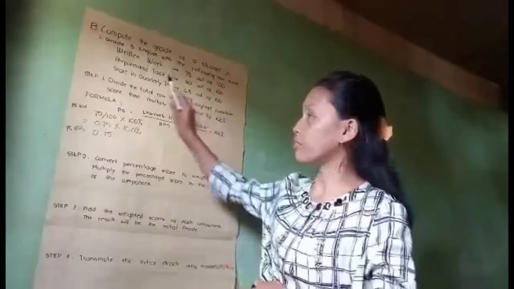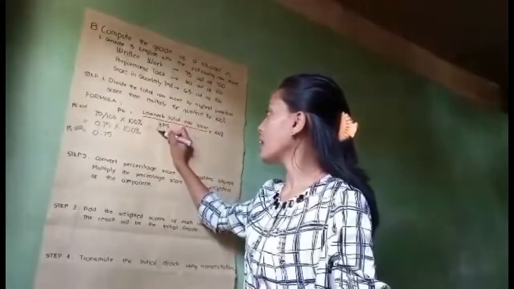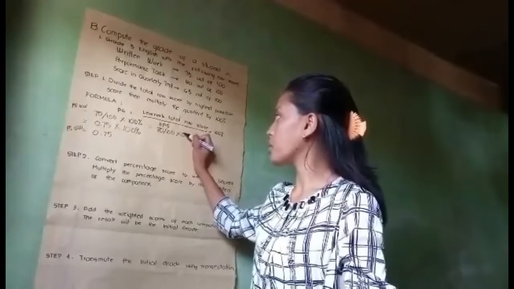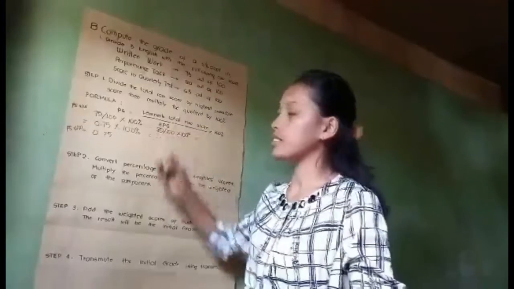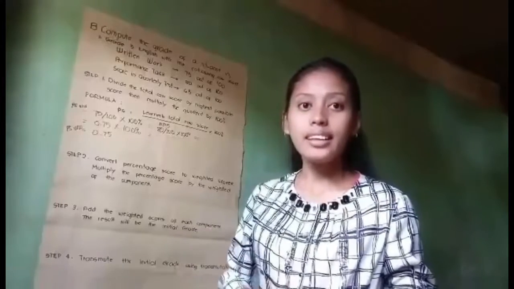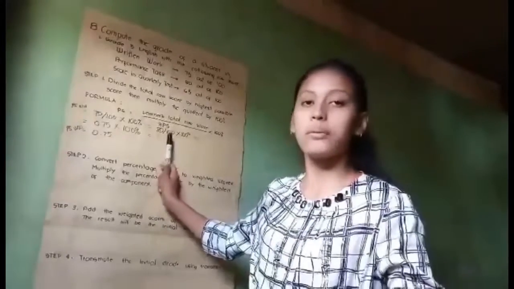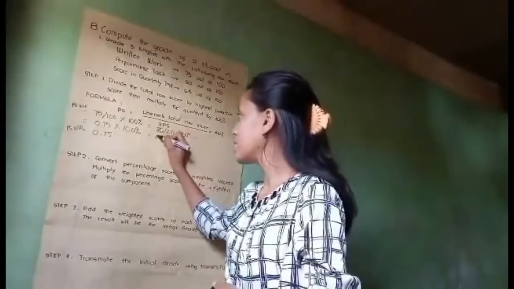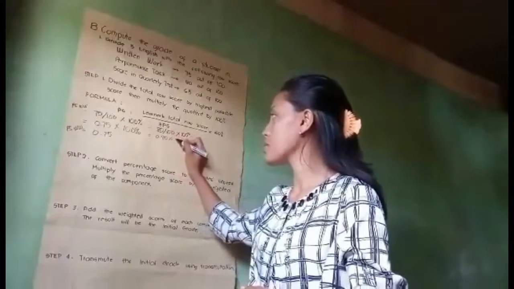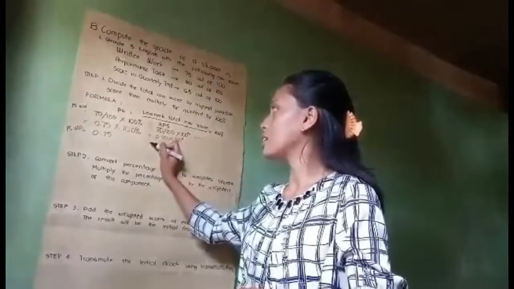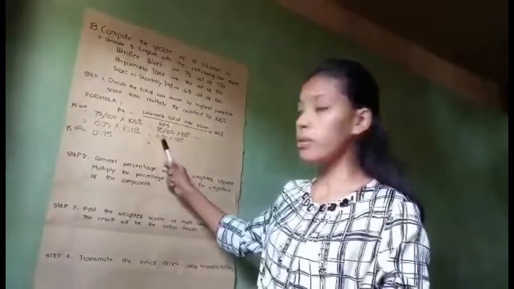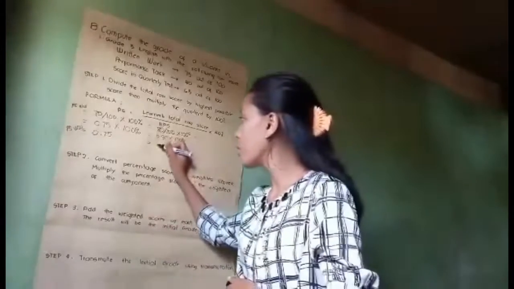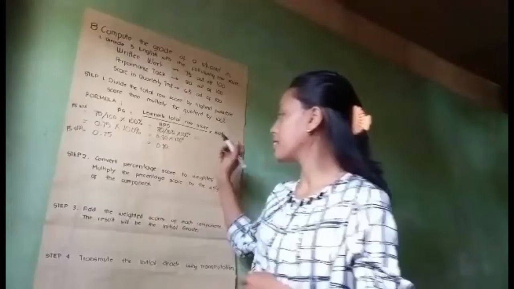Next is the performance test. This is 80 divided by 100 times 100%. 80 divided by 100 is 0.80. 0.80 times 100%, so the answer is 0.80.